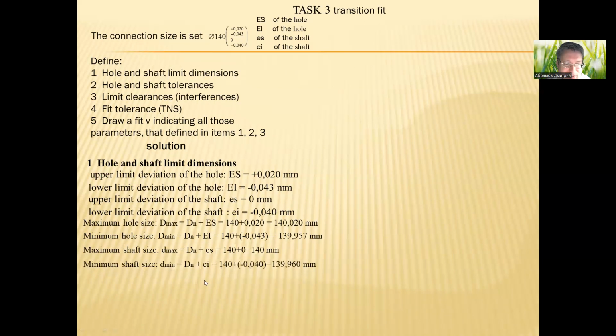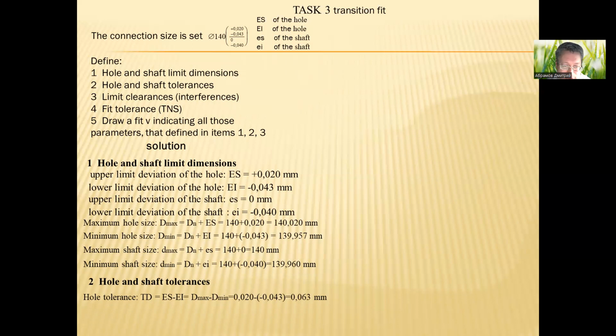Minimum shaft size, d minimum, is equal to the nominal diameter plus the lower limit deviation, and we have nominal diameter 140 plus minus 0.040 millimeters, and we have 139.96 millimeters. Hole and shaft tolerances. Hole tolerance, big TD, is equal to big ES minus big EI.